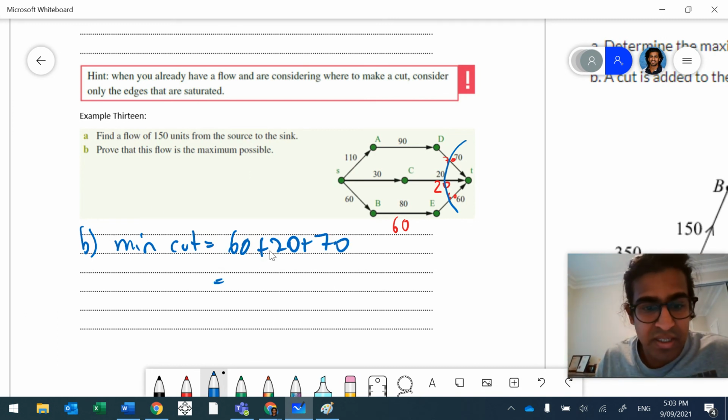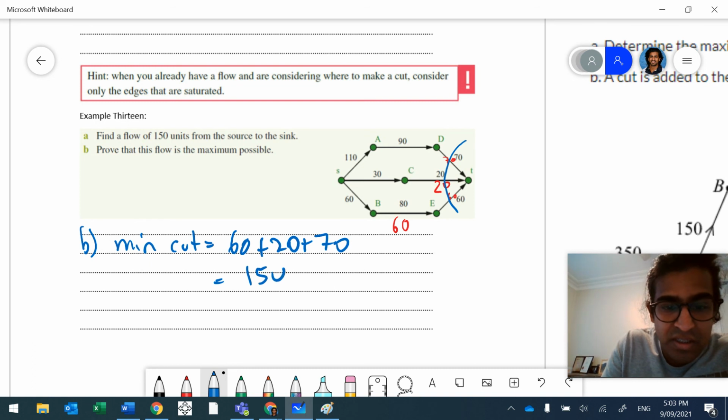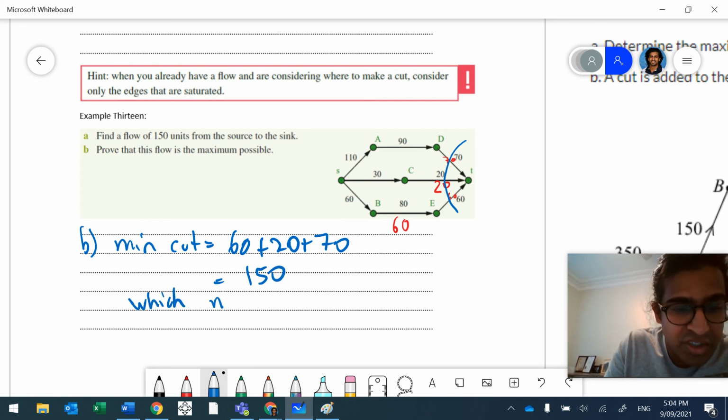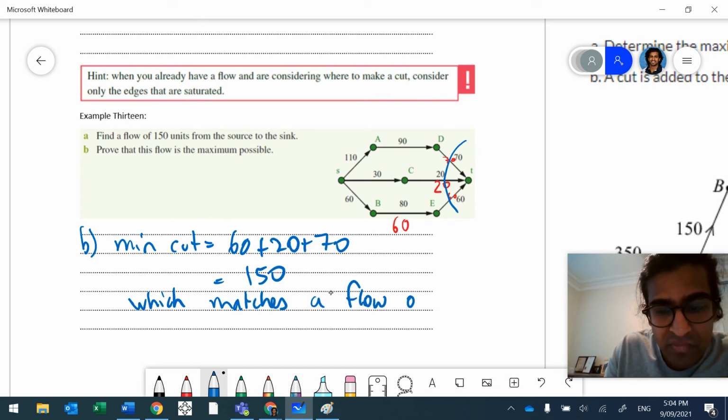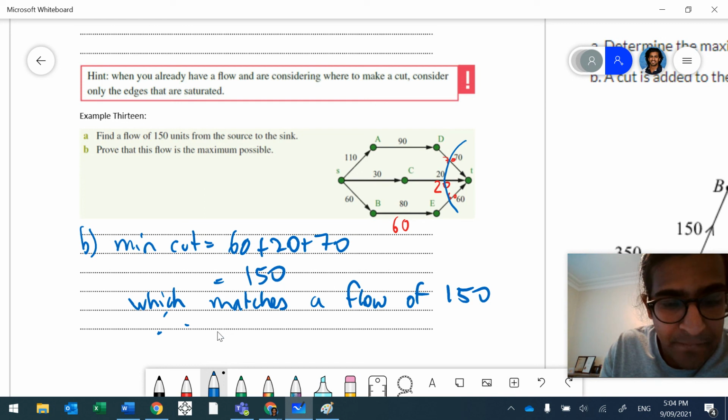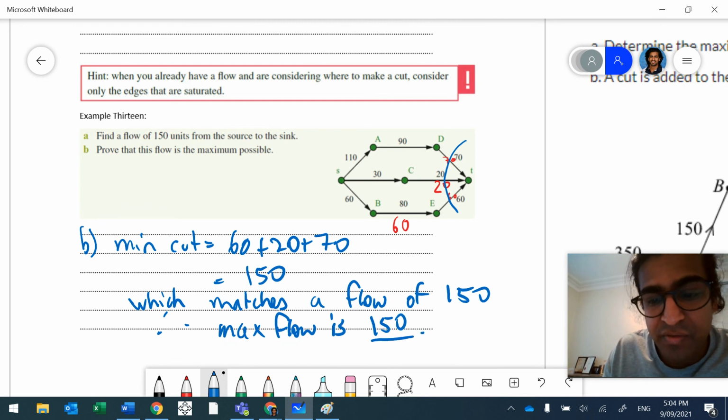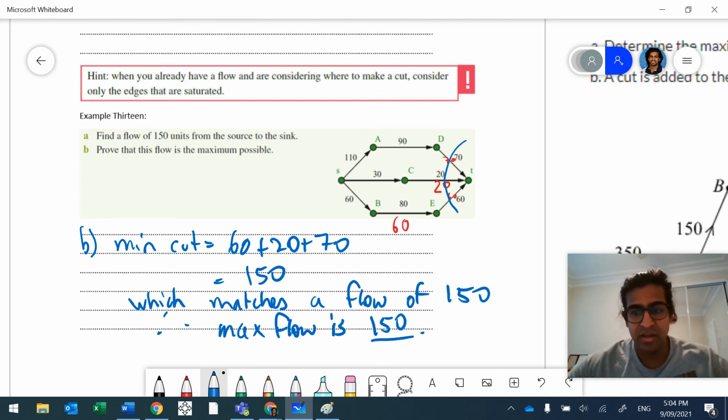It leaves us with an answer of 150, which matches a flow of 150. Therefore, max flow is 150. All right, and we'll leave that there, and we'll conclude in the next one.